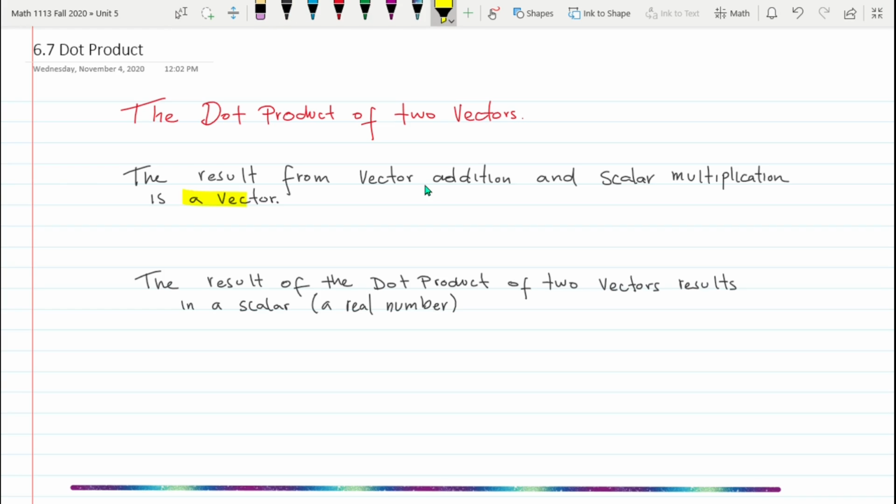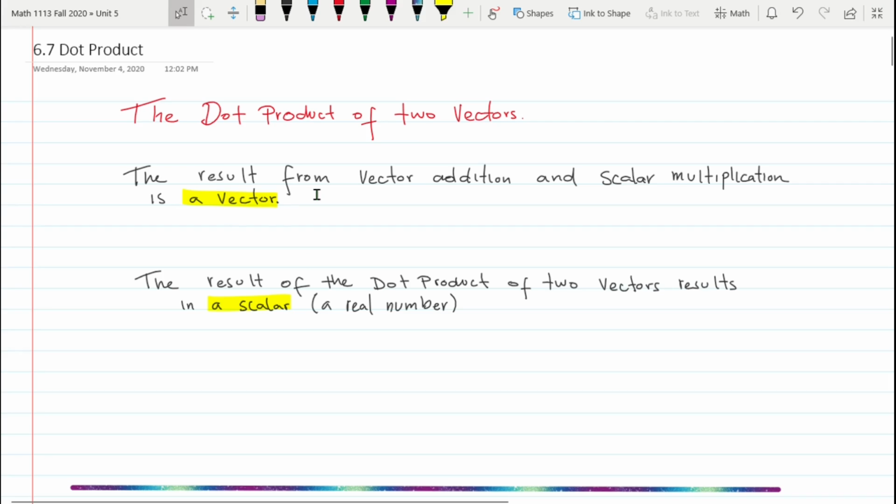So the vector was the solution from adding and subtracting. However, when we do a dot product between two vectors, the result is going to be a scalar. It's just a number. So keep that in mind. Knowing what type of answer to expect is very important.